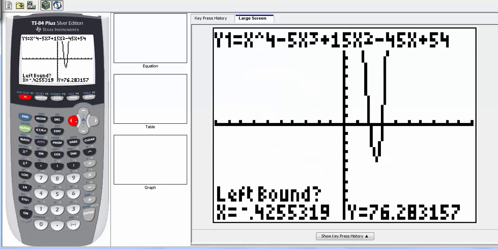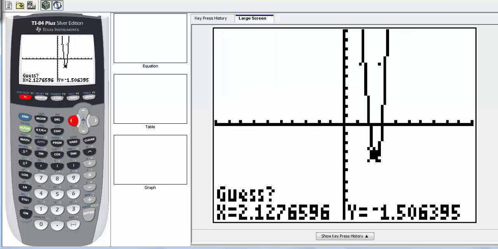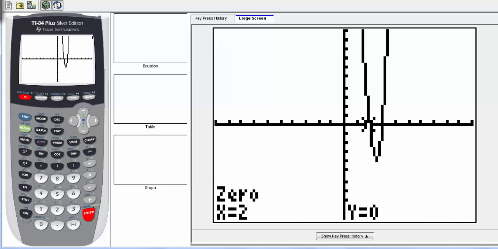So if we look here closely, we can go to the calculator, go second, trace, number 2, we want to calculate the zero. Once again, I'm going to set my left bound and our right bound, and then we can guess. And we get a zero, x equals 2.